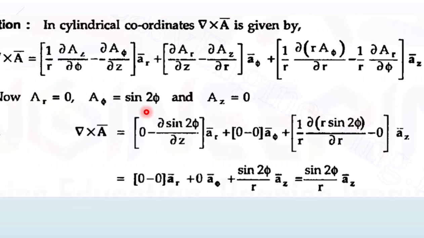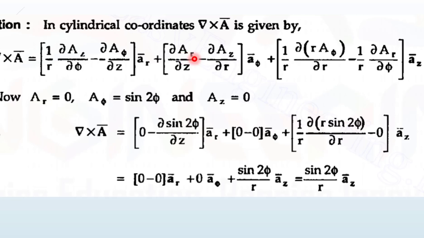Now as the AR component is 0 and the AZ component is also 0, we are only having the A phi component. So in del cross A bar, the first term is 0 because there is no AZ component, so 0 minus dou sine of 2 phi divided by dou z. It has to be a partial derivative with respect to z, and outside the bracket there is ar cap.